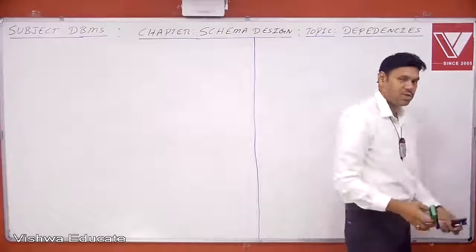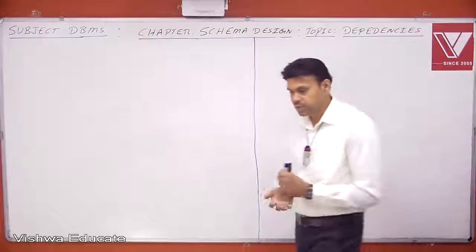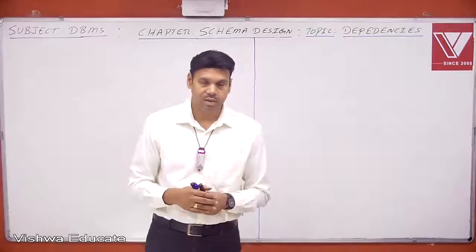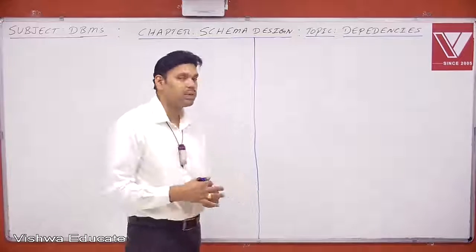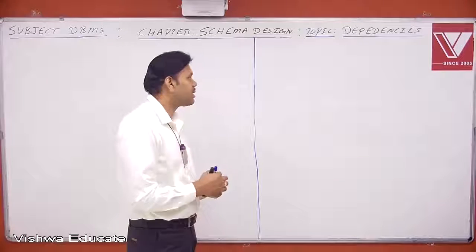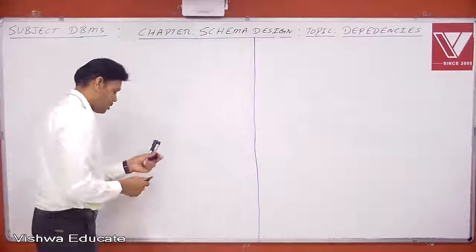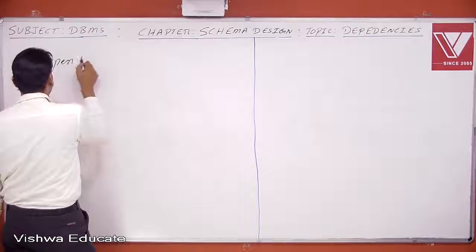Schema design is very vast and takes many sessions to complete, so you have to watch carefully because it is very important as far as the GATE examination is concerned. Now let us see the meaning of dependencies.